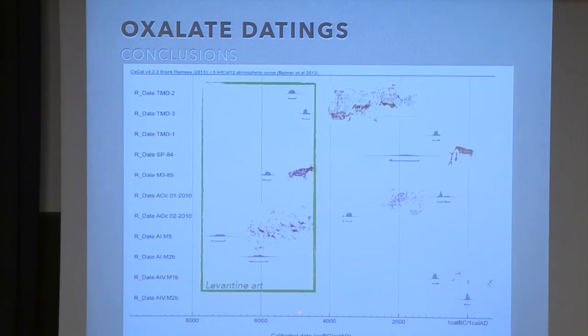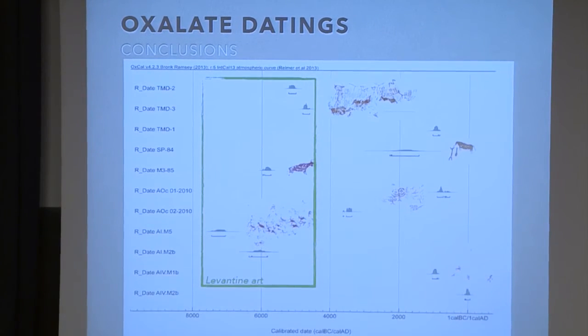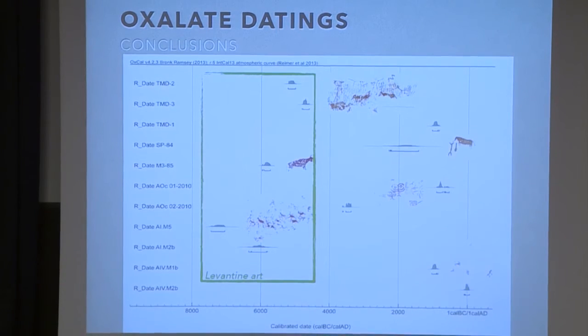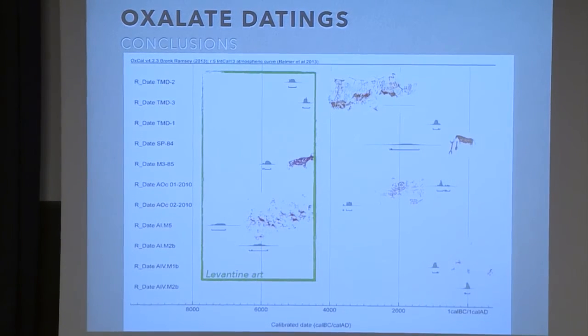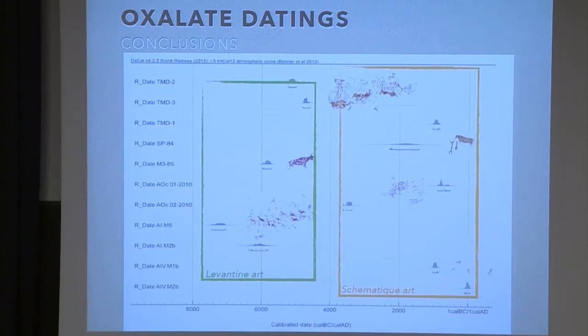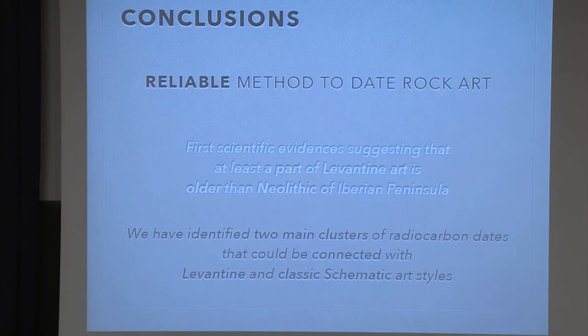So they are mainly older than 4,000 and 1500. And in the right part are only the ages that are connected with the schematic art, which are much younger than Levantine art.